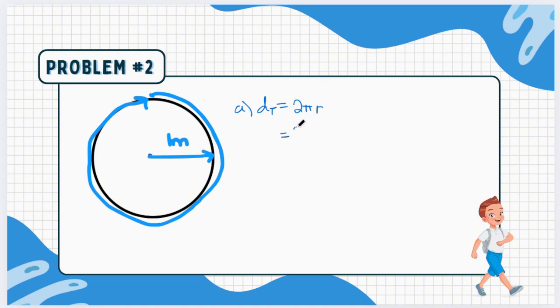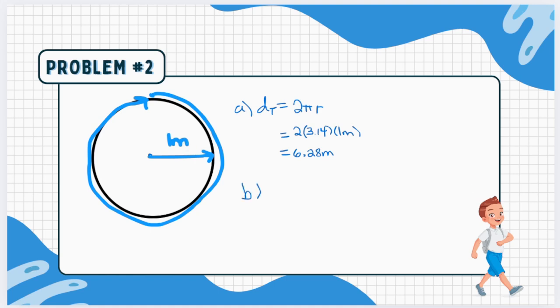So, ano ba yung value ng pi? 3.1416, but then we'll use 3.14 for now. And then the radius is 1 meter. So, therefore, that is 6.28 meters. So, if the radius of the circle is 1 meter, then the car would travel 6.28 meters around that circle.